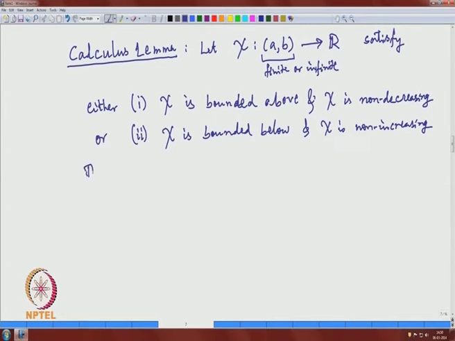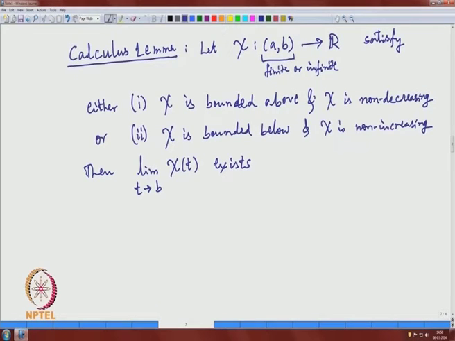Then the limit of chi(t) as t tends to b, so b could be infinity, okay, it does not matter, exists. This limit exists means it is a finite real number.